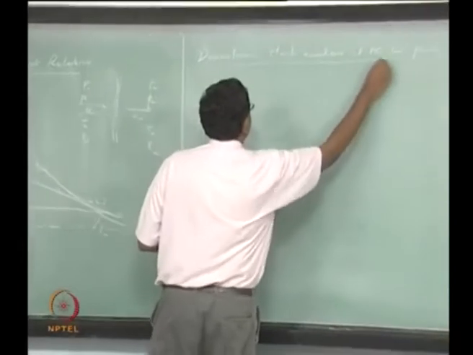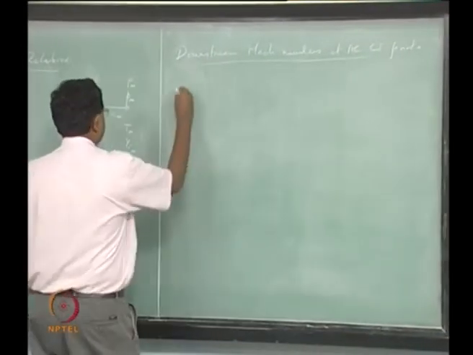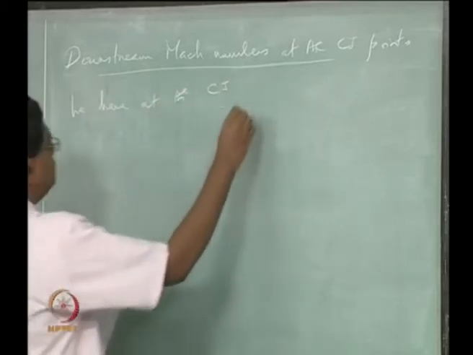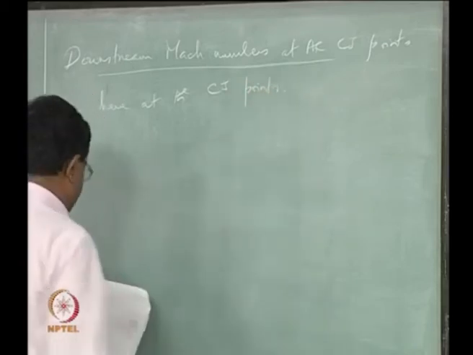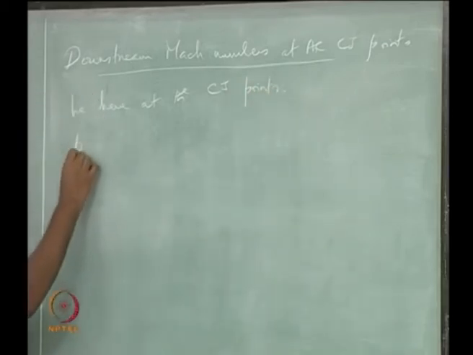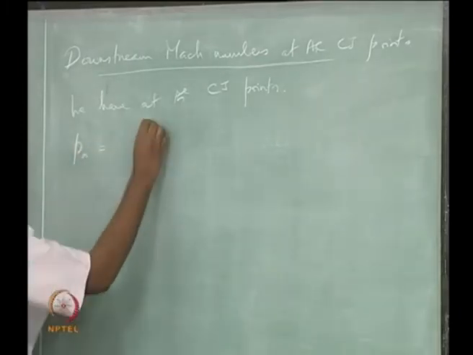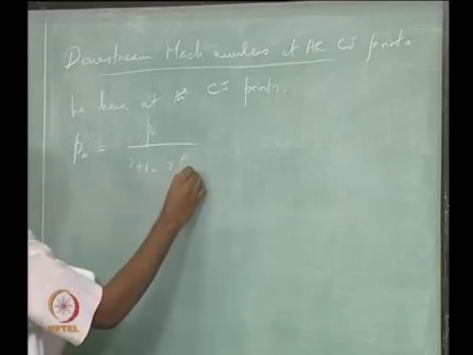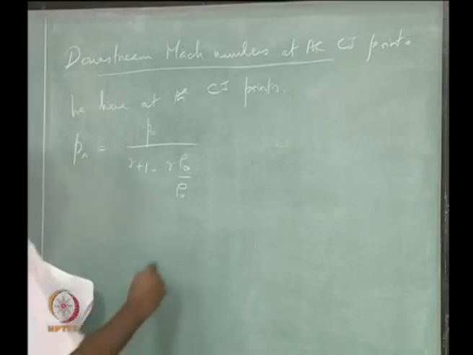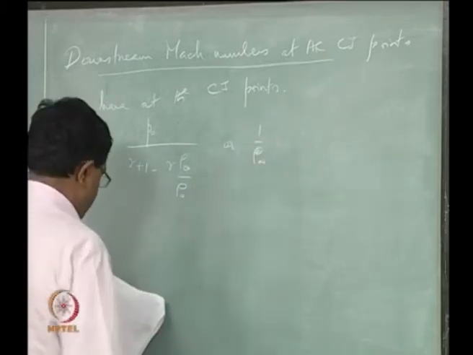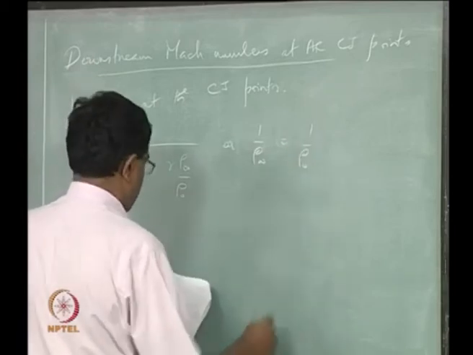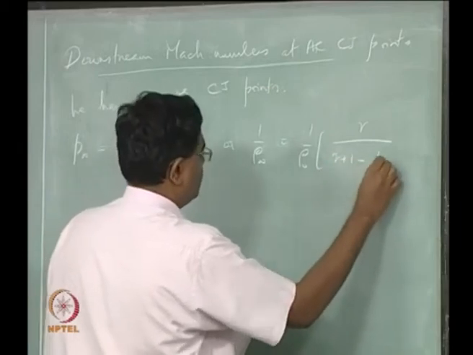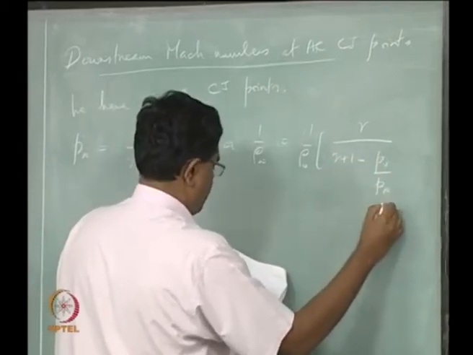But we can do something different here. We have at the Cj points P infinity equal to P naught divided by gamma plus 1 minus gamma rho infinity divided by rho naught, or 1/rho infinity equal to 1 over rho naught times gamma divided by gamma plus 1 minus P naught divided by P infinity.